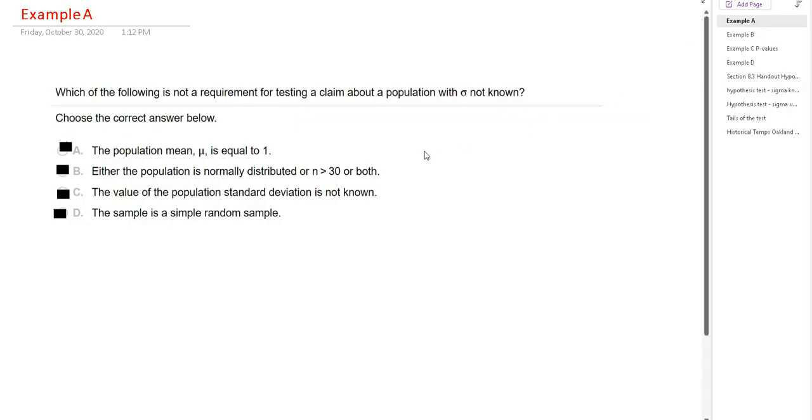Which of the following is not a requirement for testing a claim about a population with sigma unknown? So, okay, you've got 4 little choices there. Let's see if we can figure out which one doesn't seem to fit.